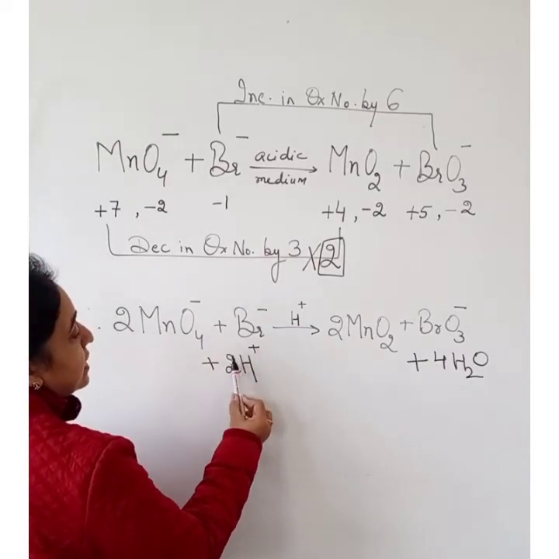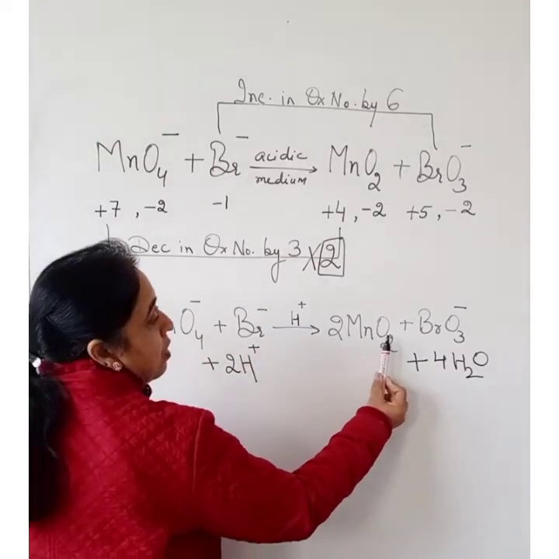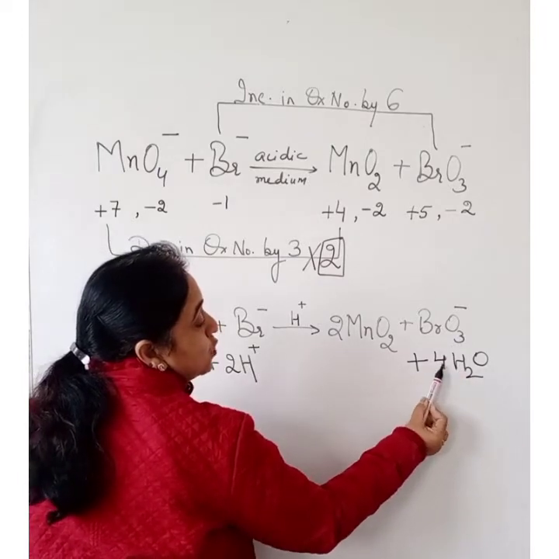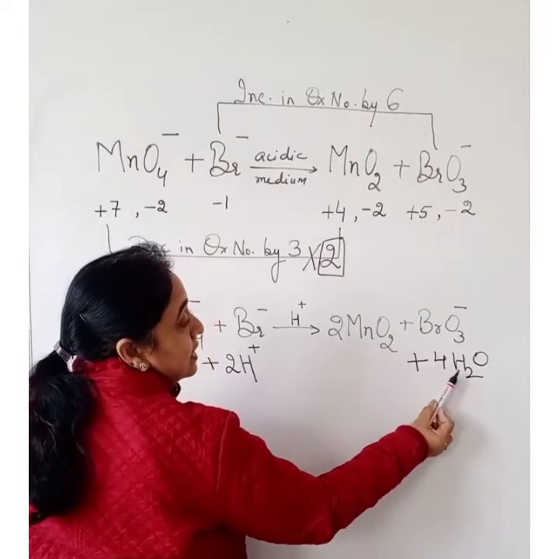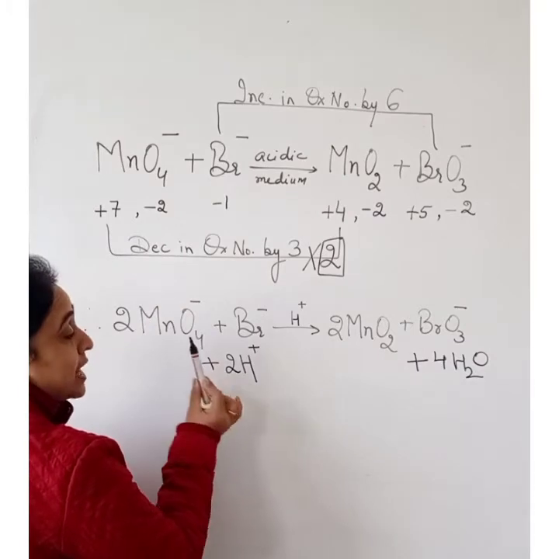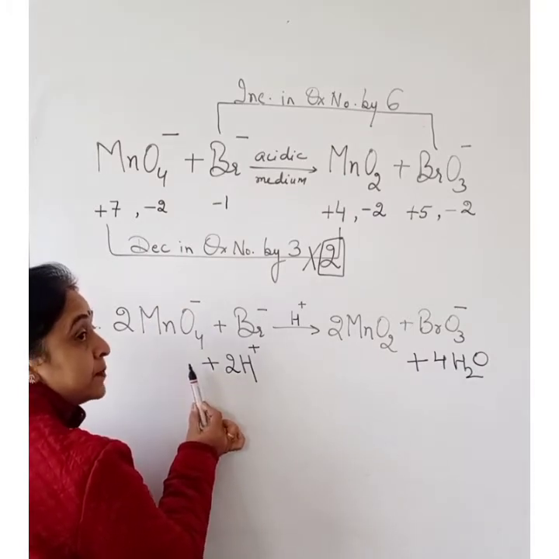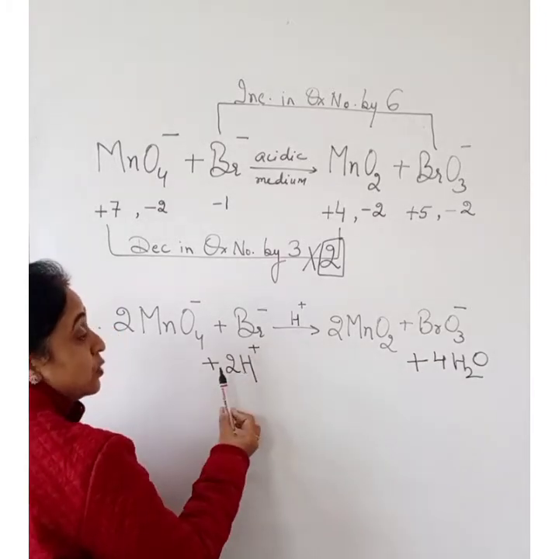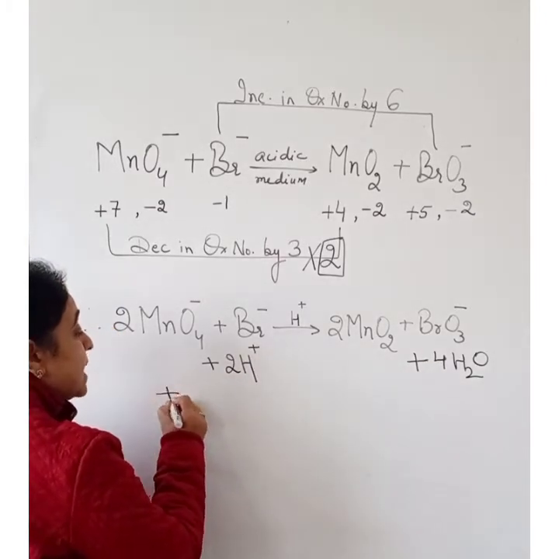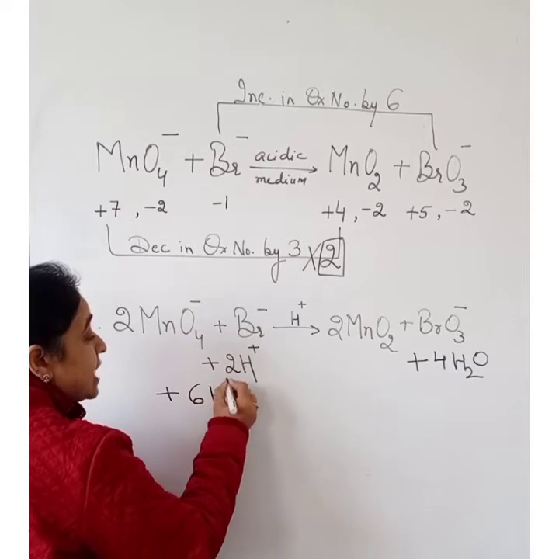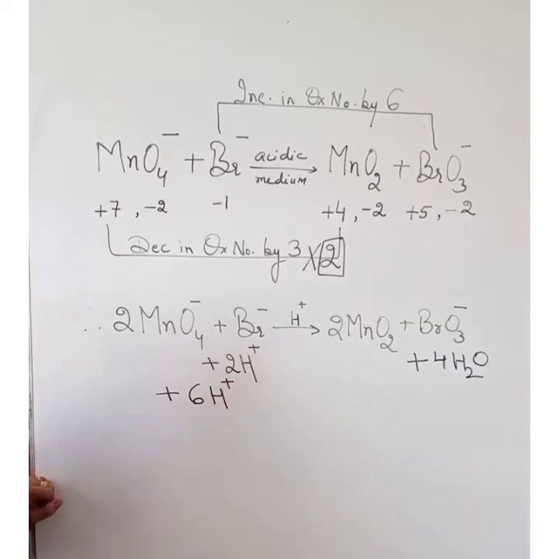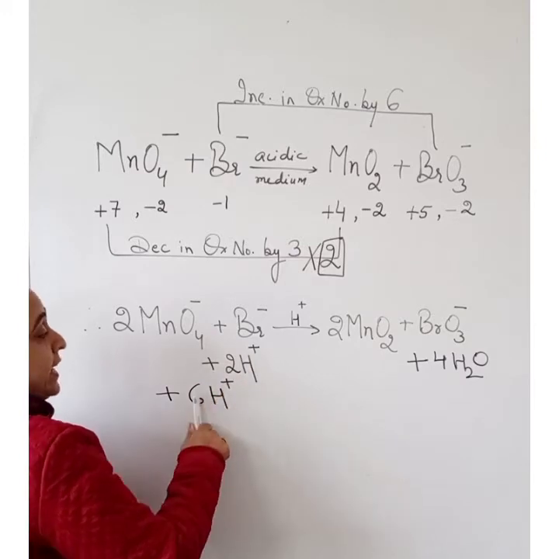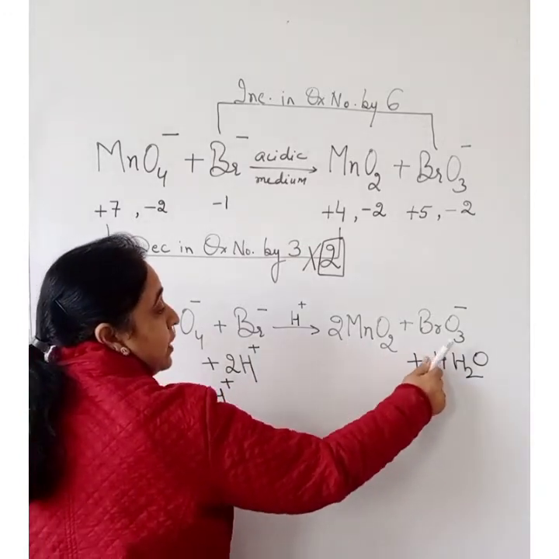On this side 2 hydrogen atoms, and on the other side 4 2s are 8 hydrogen. That means this is the deficient side. And how many deficient? 8 and 2, 6 more. So plus 6 H plus, because the medium is acidic. Now again check: 8 hydrogen and this side also 8 hydrogen.